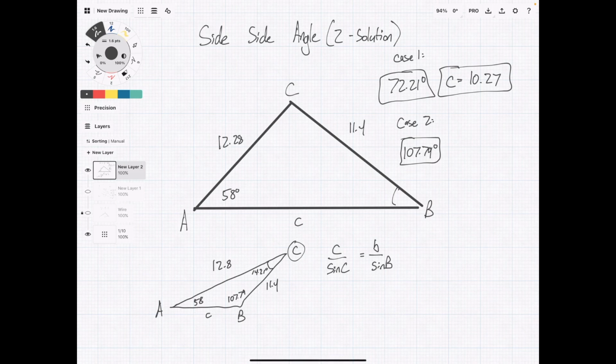Now let's plug in what we know: equals 12.8 over sine of 107.79. Now we're going to multiply this over, and little c is going to equal 3.30.